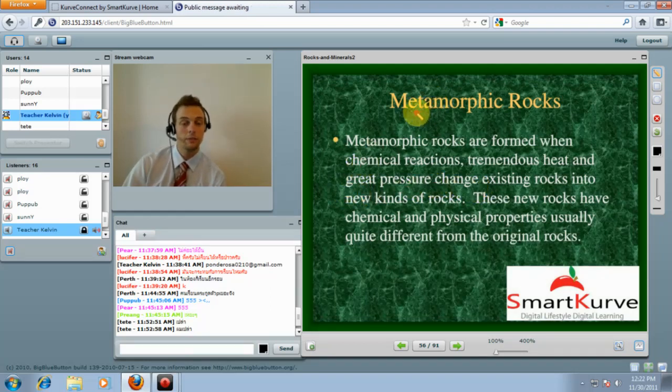Okay, so we haven't talked about this, metamorphic rock. So this is basically rock that has been changed a lot, and it's been changed because of chemical reactions, heat and pressure. And this is the kind of process that produces precious stones and things that are a little bit rarer.